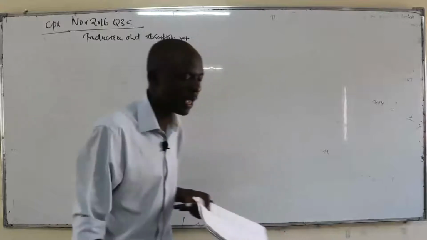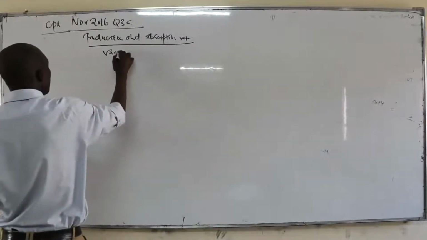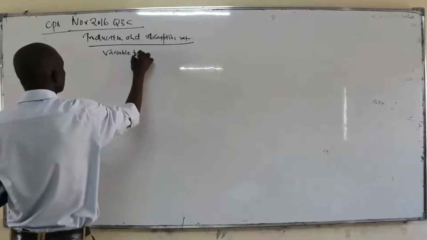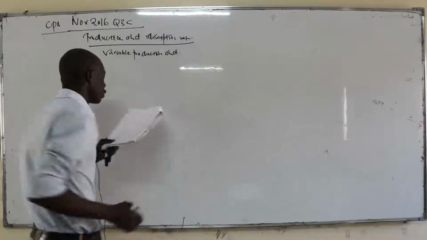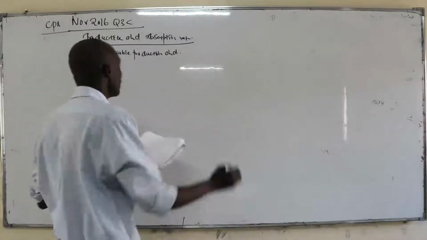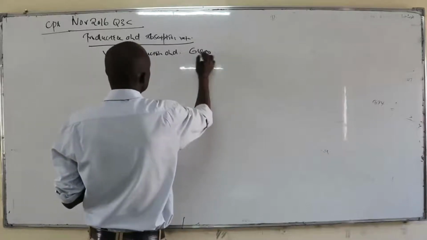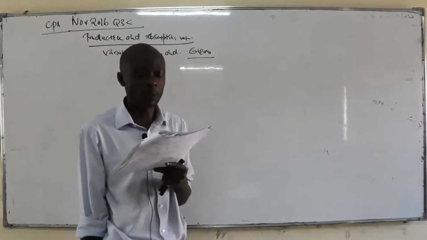So variable production overheads here. We're going to write variable production overheads. The total variable production overhead is 6,400. Can you be able to see? 6,400. That is the total variable production cost.